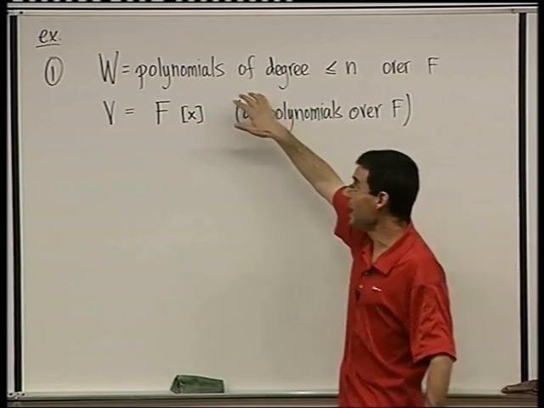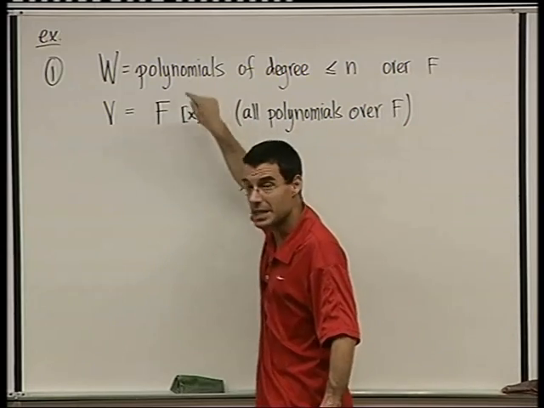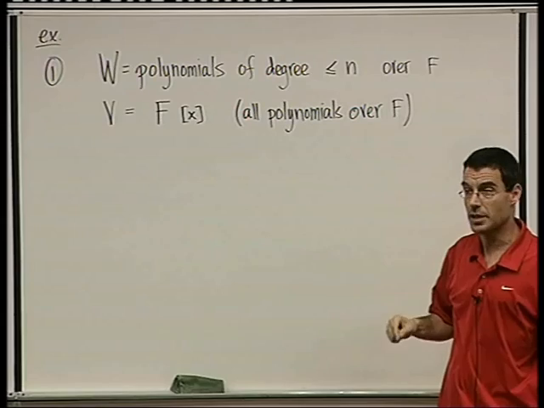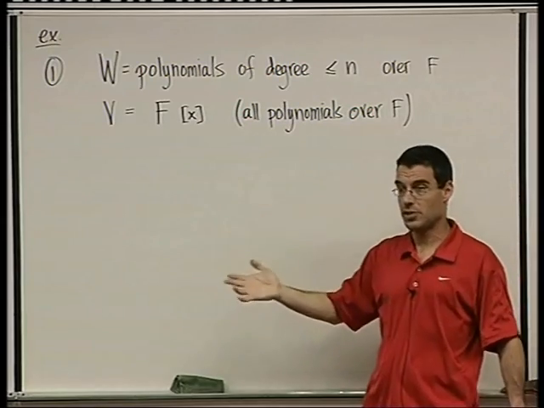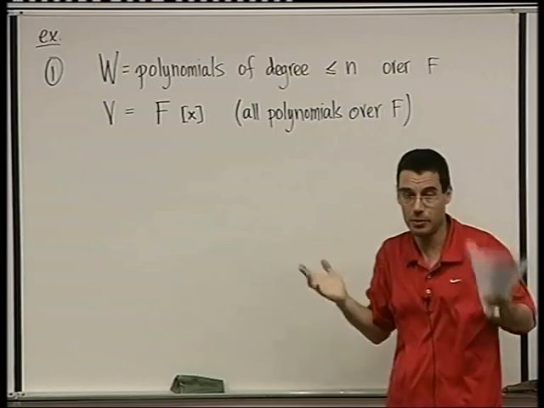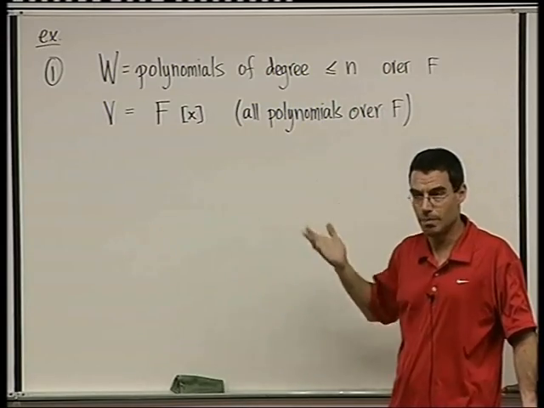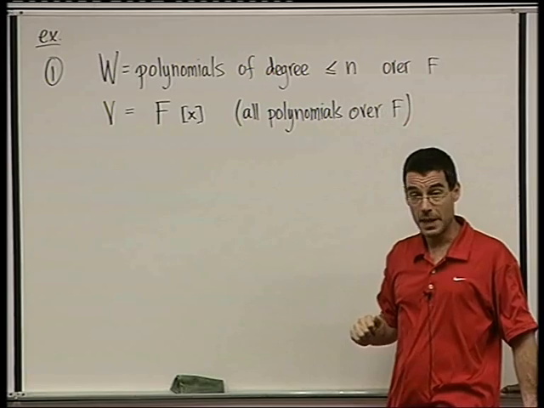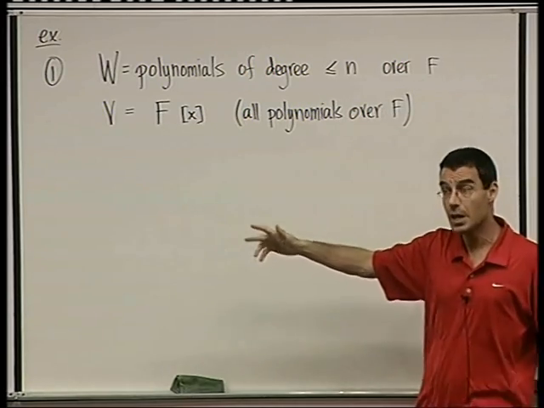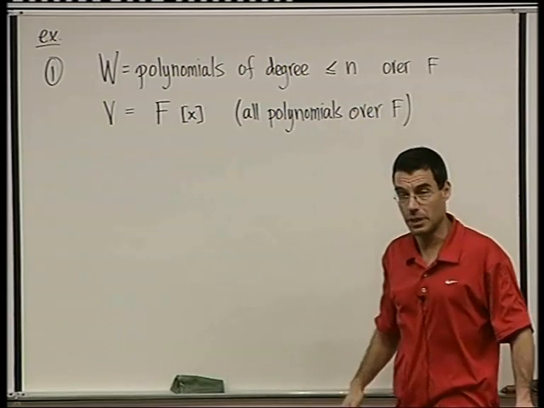Does every polynomial have an inverse here inside W? Yeah, right? If you take a polynomial of degree less than or equal to 7, I'm saying 7 rather than n just to make it less abstract, but of course you can just say n. Its inverse, which is just putting minuses on all the coefficients, is also going to be of degree less than or equal to 7.